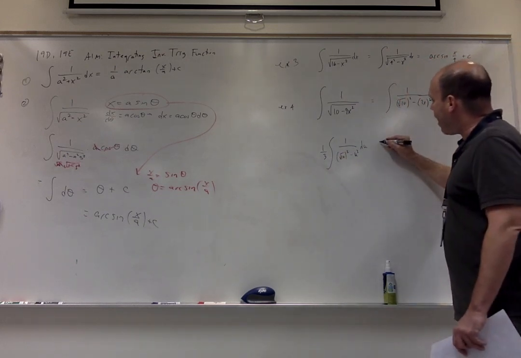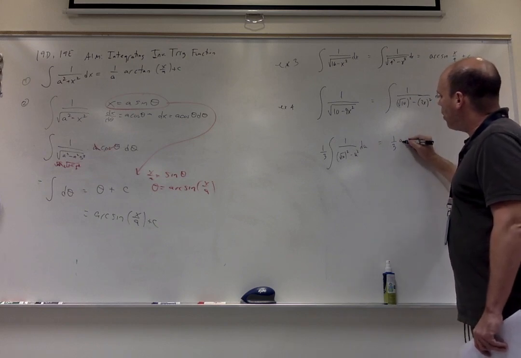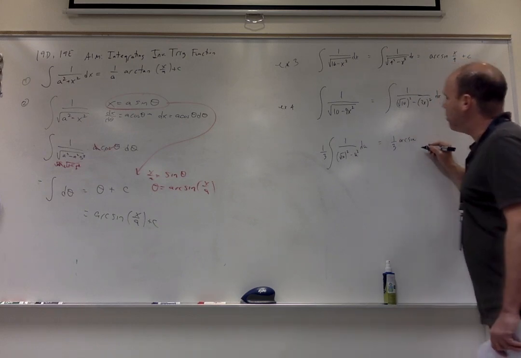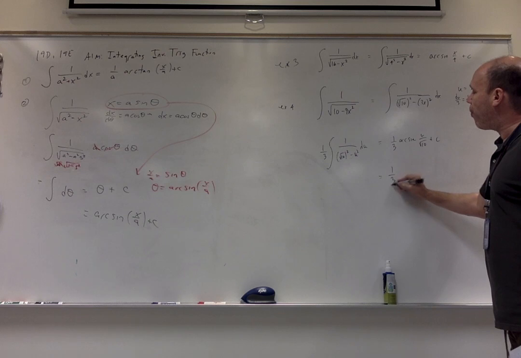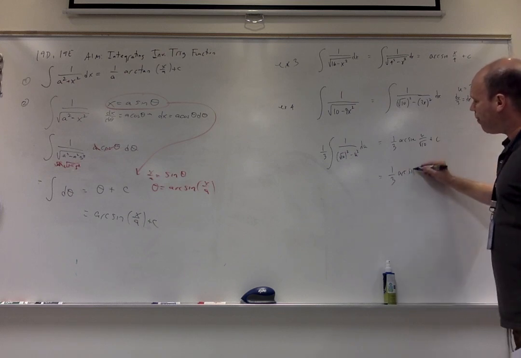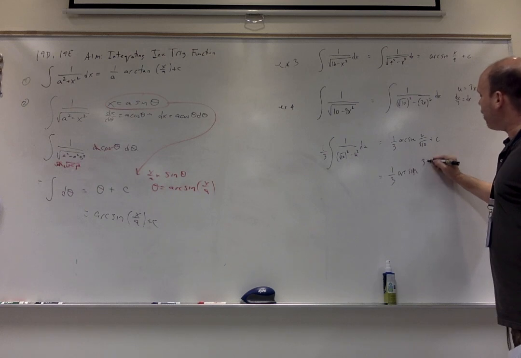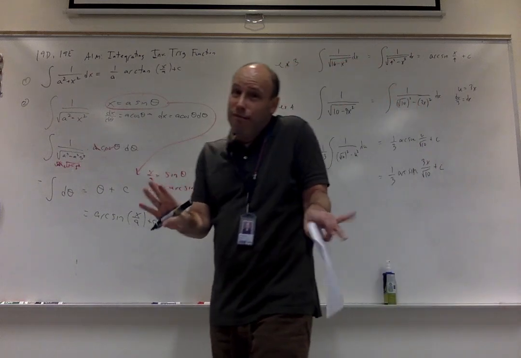So the final answer is 1/3 arcsine u over radical 10 plus c. Final answer, 1/3 arcsine 3x over radical 10 plus c. That is the answer. That's it.